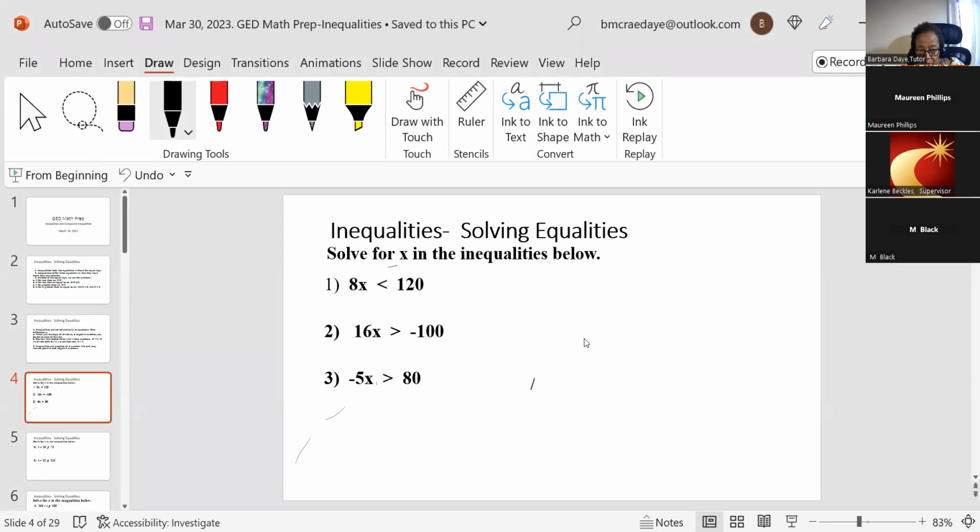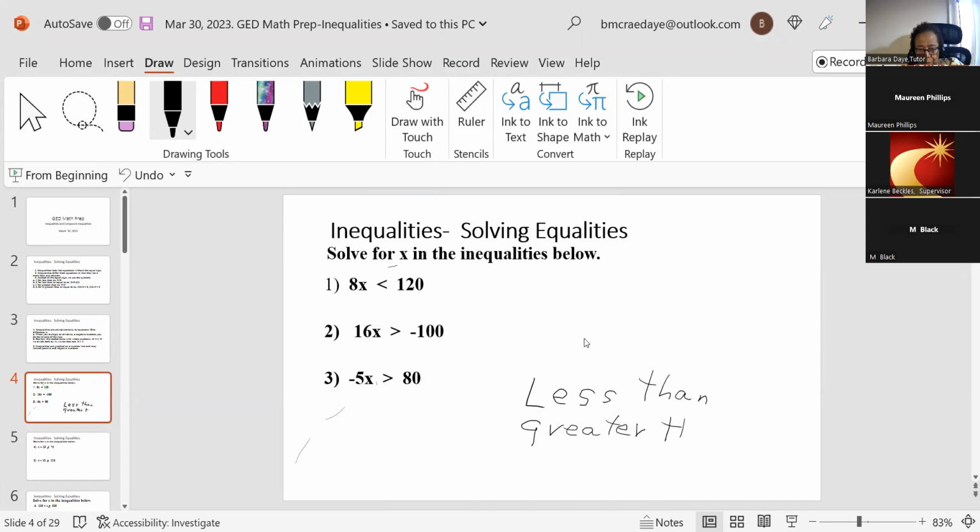I'm saying if you don't have the symbol, you could just spell it out: less than or greater than. So when you send it to me via the chat, if you don't have your symbol, just spell out the word, say less than or greater than.